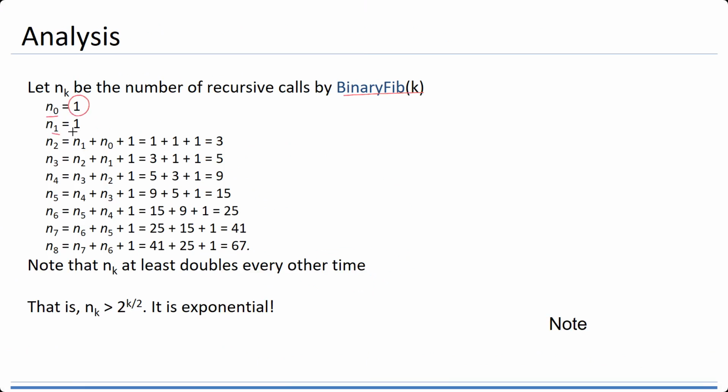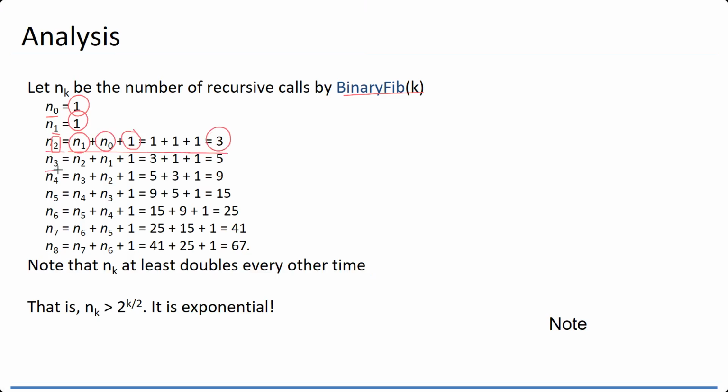When k equals 1, it is 1. When k equals 2, this problem now becomes more complex. We need to check how many operations for n1 and how many operations for n0, and it will be added by 1 because this is n2. Then there will be at least 3 operations.